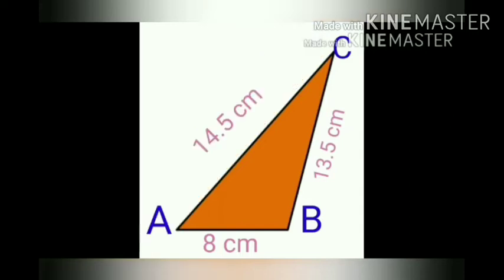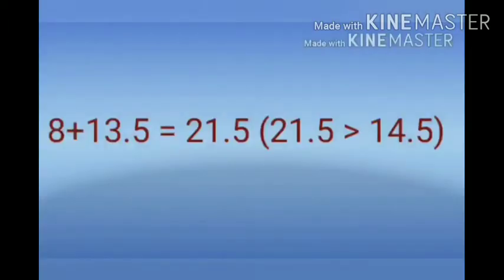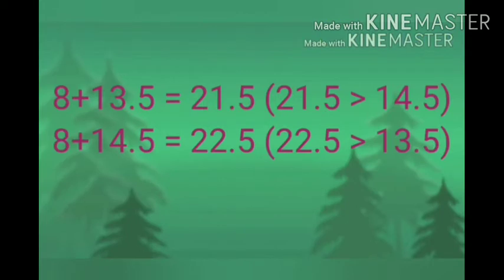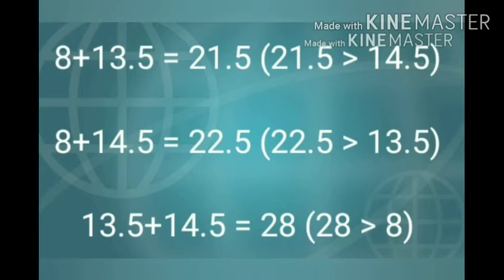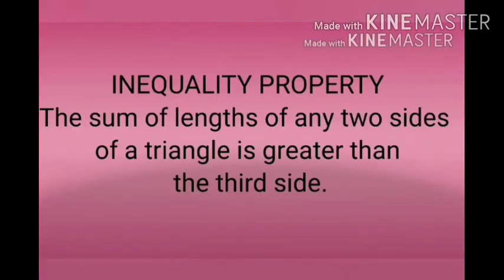So if you see here, AC is 14.5 centimeters. 8 plus 13.5 equal to 21.5, greater than 14.5. 8 plus 14.5 equal to 22.5, greater than 13.5. 13.5 plus 14.5 is 28, it is greater than 8. So the sum of the lengths of any two sides of a triangle is greater than the third side.